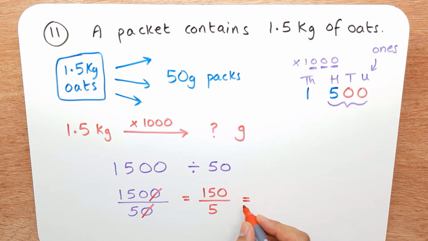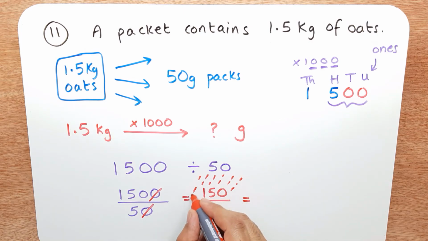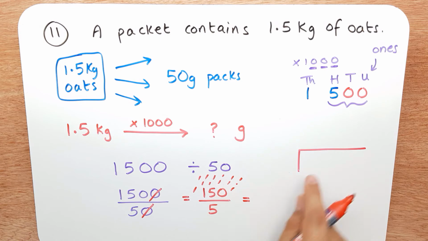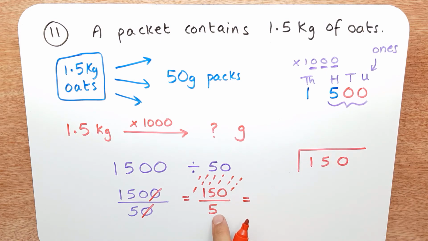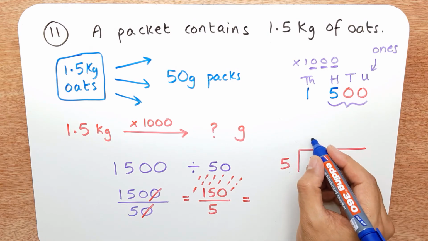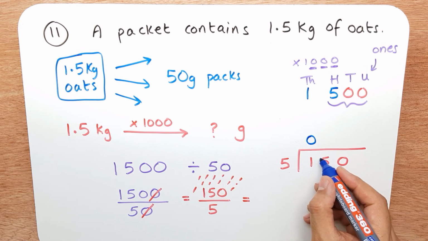So I can use the bus shelter method. So it's raining. 150 is getting wet. So I build a bus shelter. The 150 goes inside, 1, 5, 0. And this 5 has to go outside. How many 5s are there in this 1? 0. So this 1 gets carried over.